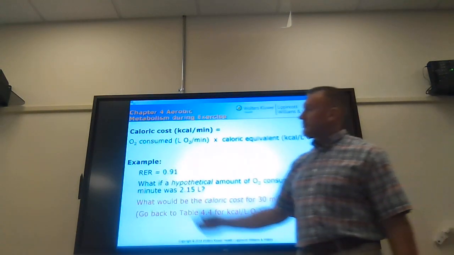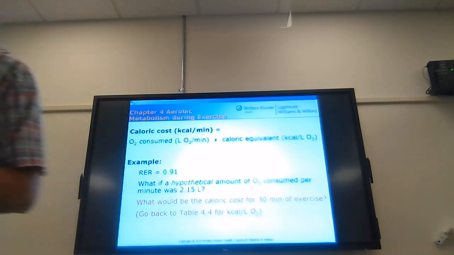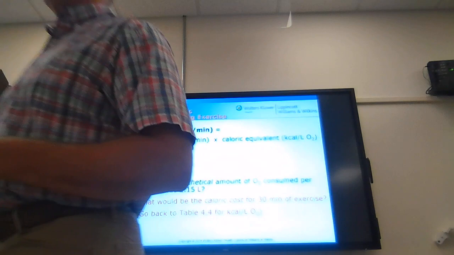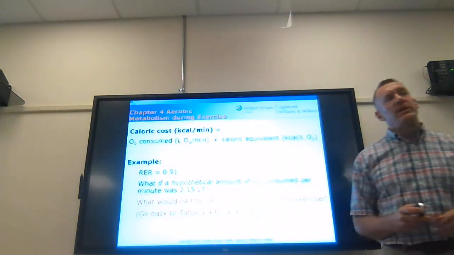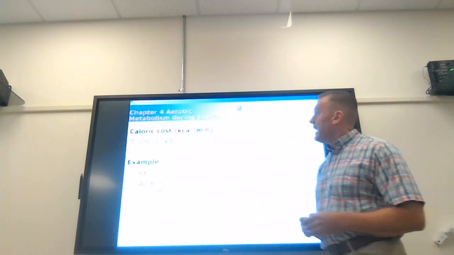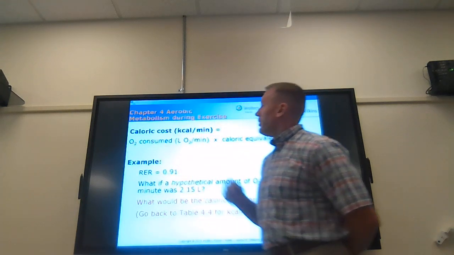So we're talking about calorie cost. The more oxygen we consume, the more calories we expend. That's the way it works. It has to be steady state though. So this works really well with steady state. We can calculate fairly accurately how many calories we expend, the calorie cost in calories per minute.